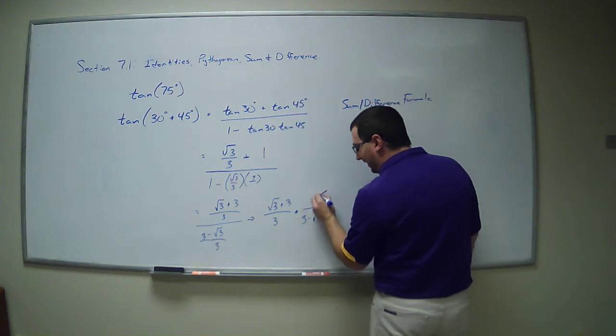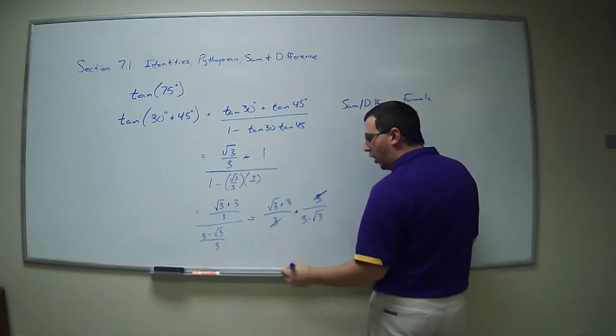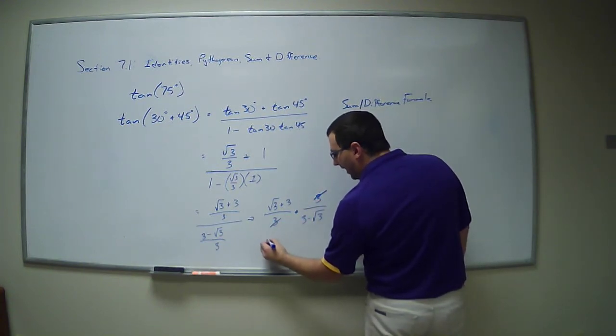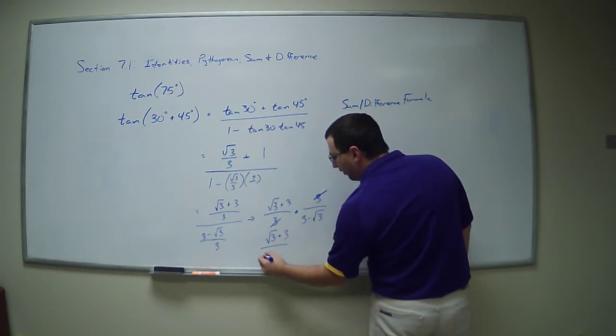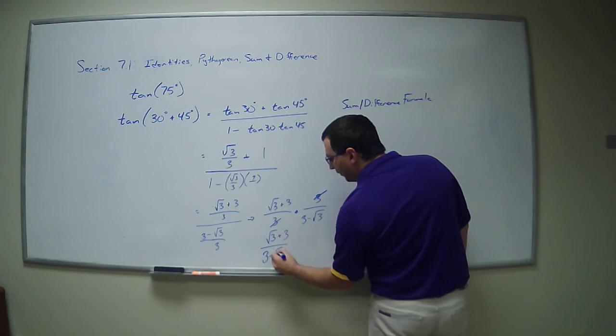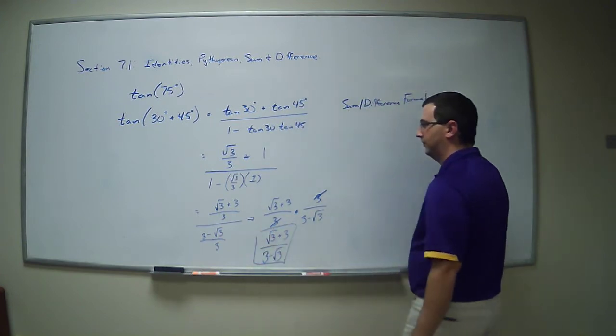I cancel out, and all I am left with is the square root of 3 plus 3 on top over 3 minus square root of 3 on the bottom. And that would be my final answer.